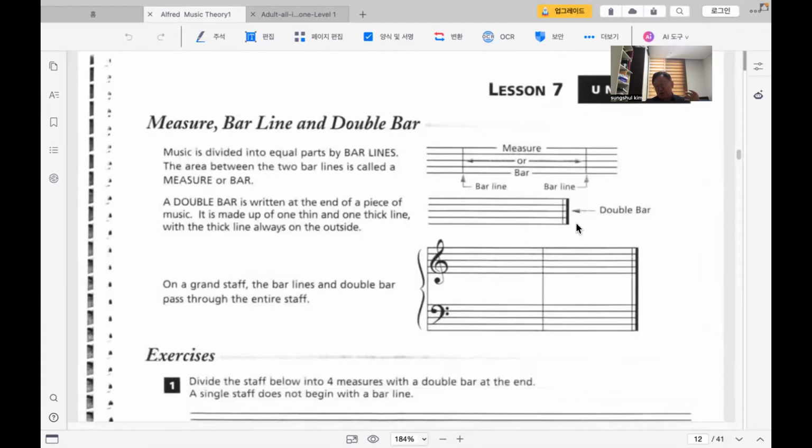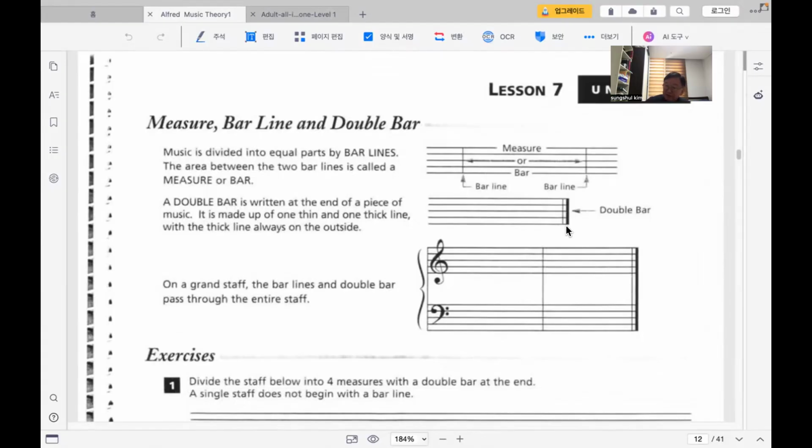Just think of it: music is a time art. Start right here. 1, 2, 3, 4. 1, 2, 3, 4. 1, 2, 3, 4. Stop.